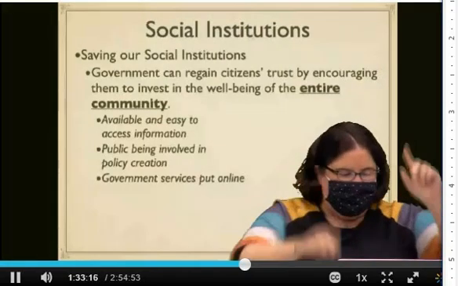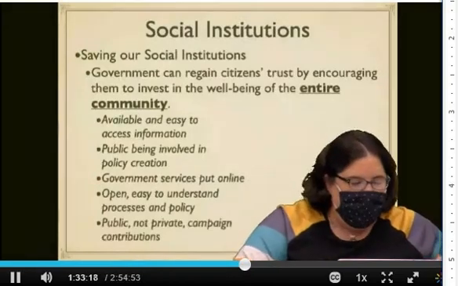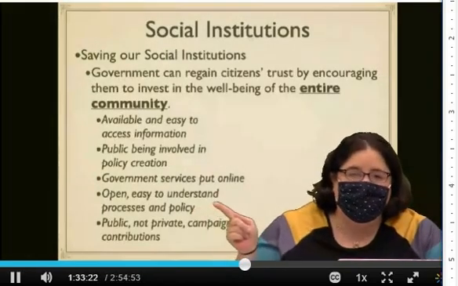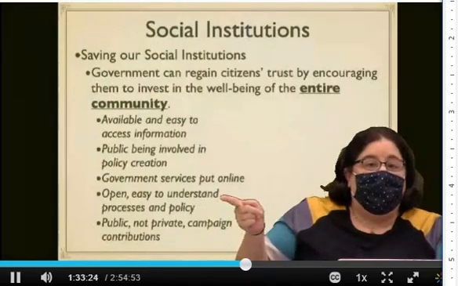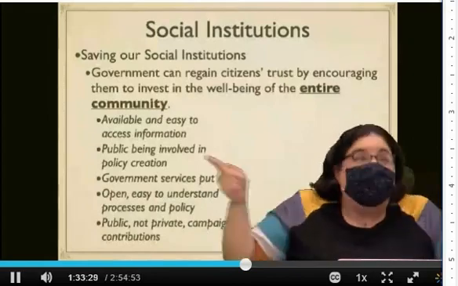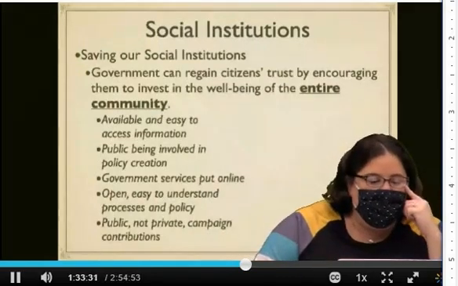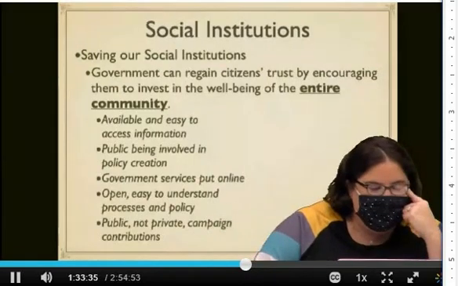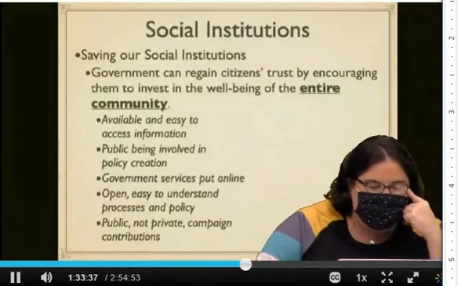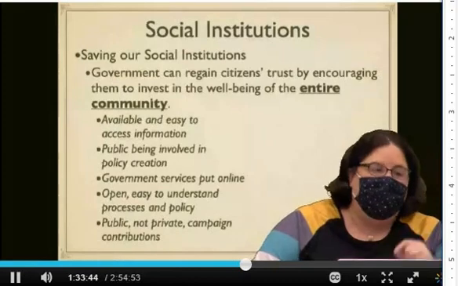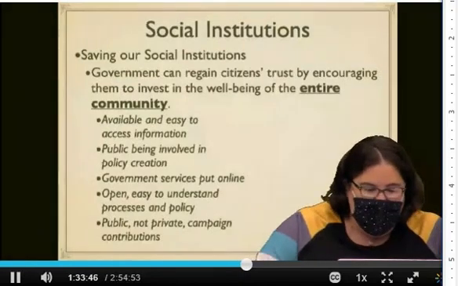Anyway, last one for this story is, nope, there's two more. Open, easy to understand processes and policies. If the government is transparent about what they're doing and why they're doing it, people will trust them more. And public, not private campaign contributions. One of the biggest reasons people don't trust elections and politics is because of the money involved in those things.